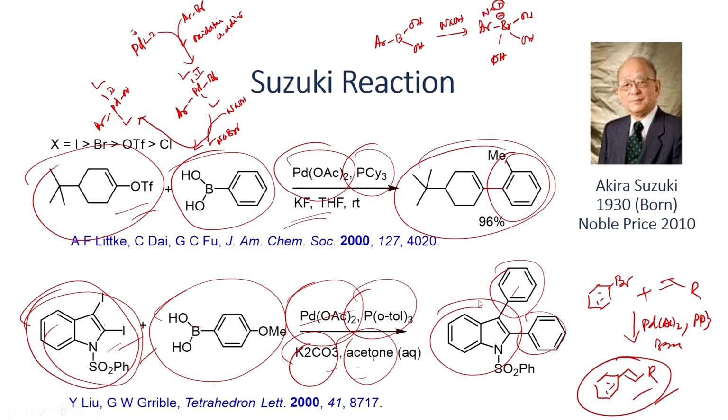When you add this salt here, you will be able to form this intermediate. Let me write Ar prime. So this can give the product by reductive elimination.